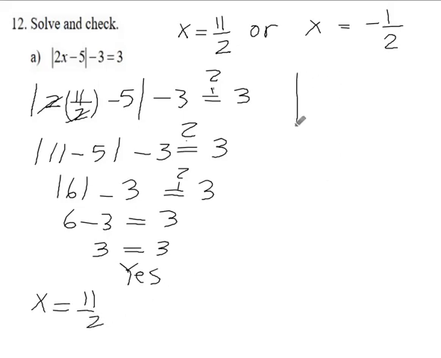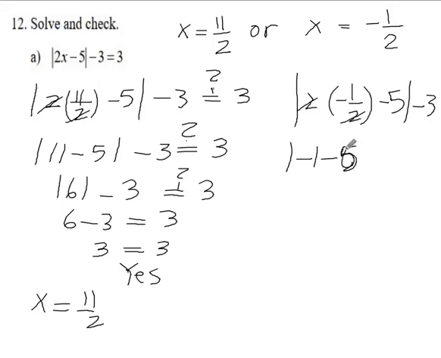And the second one, we do the same. We just multiply 2 by minus 1/2 now. Minus 5, minus 3. We're going to see if this can add up to also 3. This 2 cancels, absolute value of minus 1, minus 5, minus 3 here.